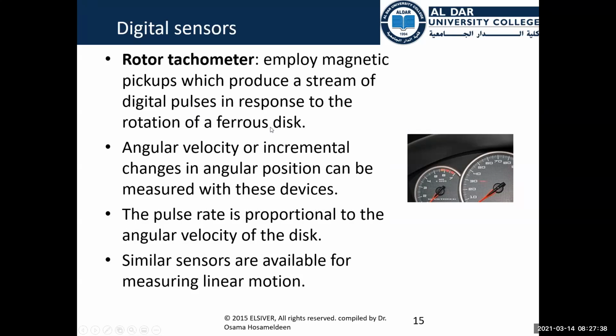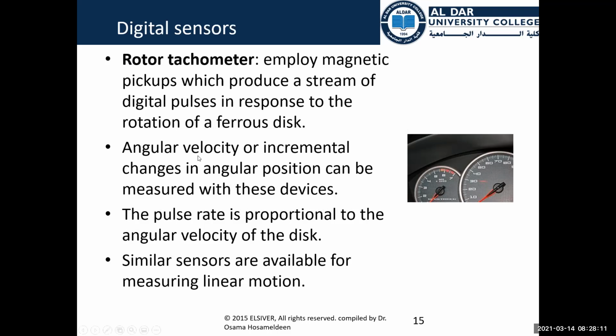This ferrous disk is attached to the tire of the car, for example, and a probe is used to detect the speed of the tire, just according to magnetic field pickups. These pickups are used to measure the speed of the tire, and accordingly the speed of the car.